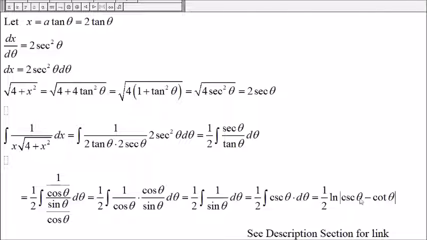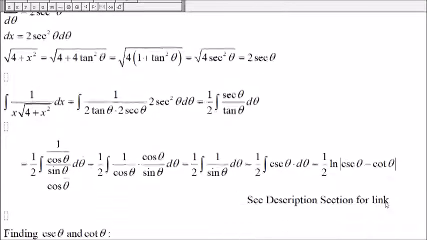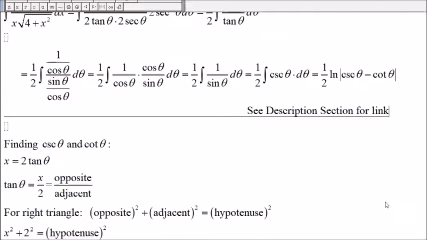The original problem was in terms of x, and so we need to rewrite cosecant of theta and cotangent of theta in terms of x. Earlier we have x is equal to 2 times tangent of theta, and so dividing both sides by 2, we get tangent of theta to be x over 2.